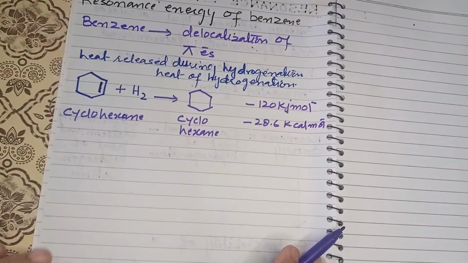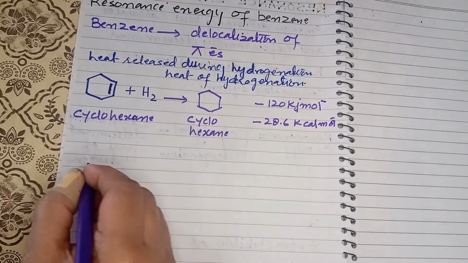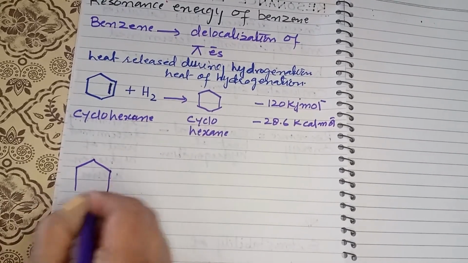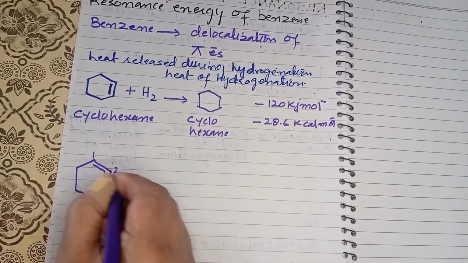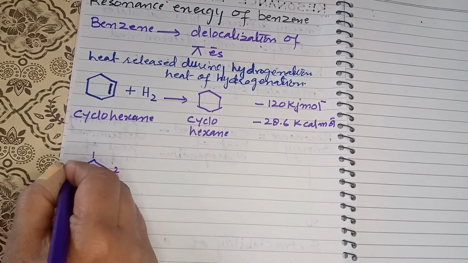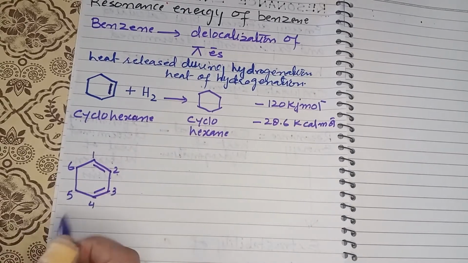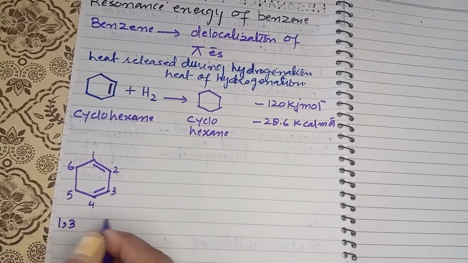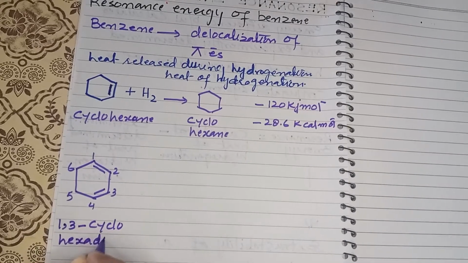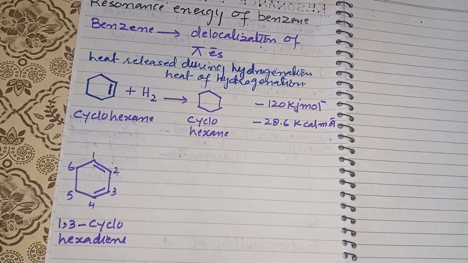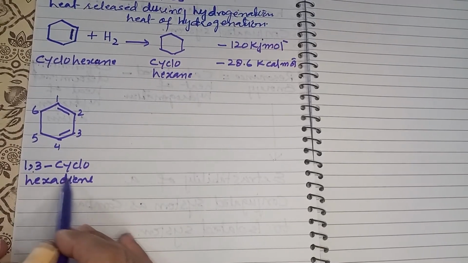Now students, if we have another cyclic molecule which has 2 pi bonds inside, for example this molecule numbered 1, 2, 3, 4, 5, 6, this is 1,3-cyclohexadiene.